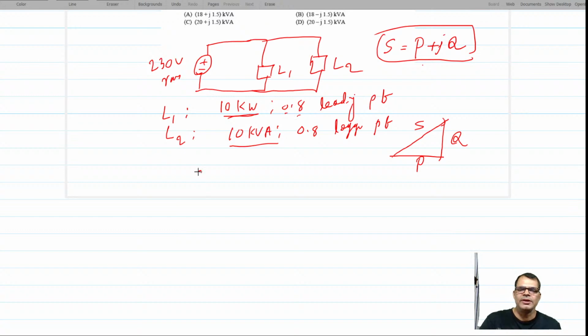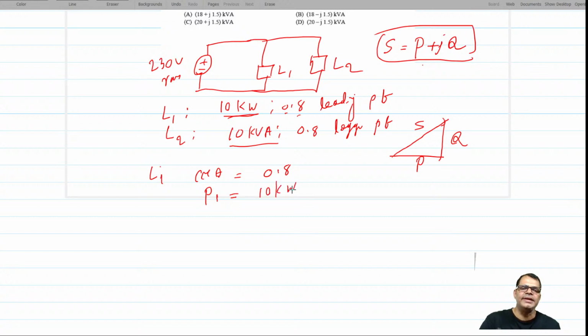They have given cos theta for load 1. Cos theta for load 1 is 0.8. P has already been given, let's say P1 for load L1. P1 is equal to 10 kilowatt.